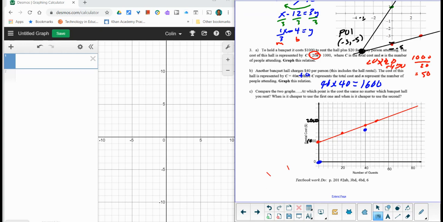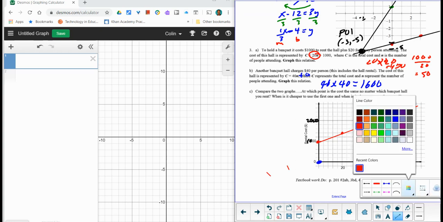If we want to be a little more sure, we could see what it would be at 60 or something like that. 60 times 40 is 2,400. So here's 2,000, 2,200, 2,400. So we're getting exactly what we wanted to see here because we're getting a crossing over.